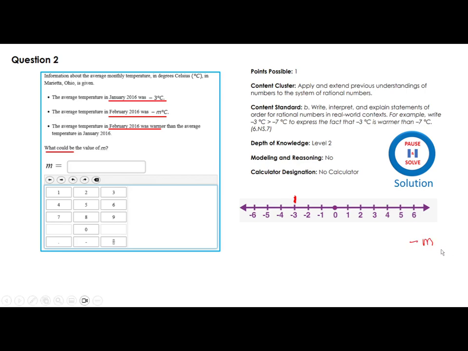So obviously, if you take -M to be equal to -1, which means M is 1, that would work. If you take -M to be -2, M is 2, that also would work. And obviously, any value less than 3 would work for you.